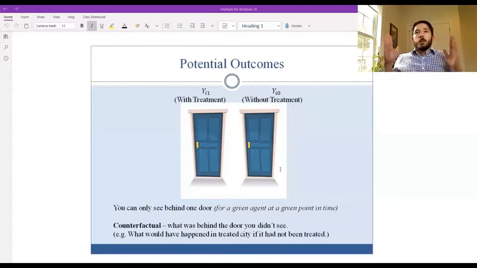We're just looking at similar types of people or similar types of cities in the case of our example, and we're saying, this city would have looked like this city if not for the treatment, because they look the same on these other variables that we're conditioning on.